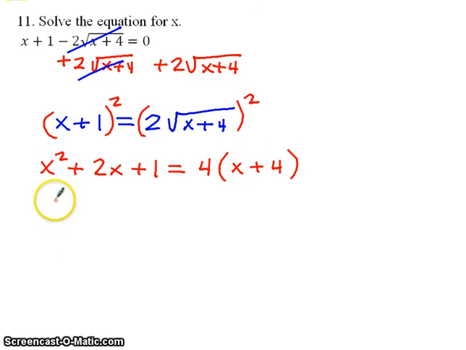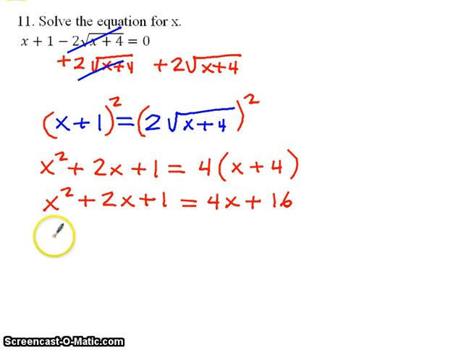And so now we have to distribute in the 4, and that gives us a 4x plus 16. And from here, we have x squared plus 2x. Sorry about that. Let's go ahead and subtract 4x from both sides. Gives us a minus 2x. Subtract 16 from both sides. That gives us a minus 15.